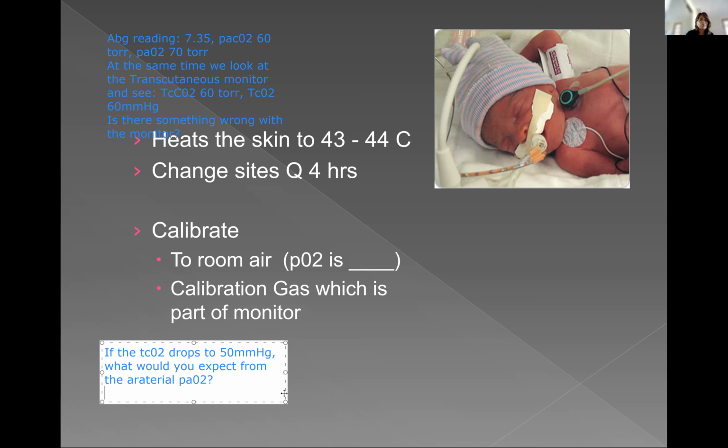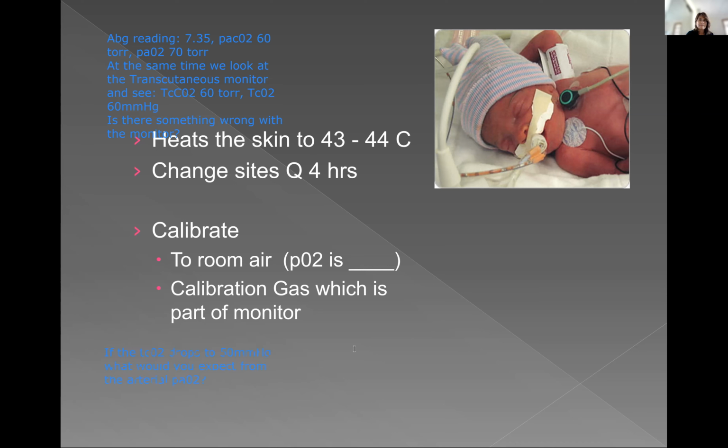Now it drops to 50 millimeters mercury. What would you expect from the arterial PaO2? If the transcutaneous is 50, and we know that it's trending with the blood gas, what would you expect? Very good. So 60 millimeters mercury.